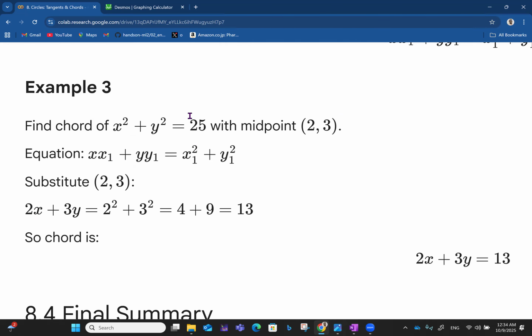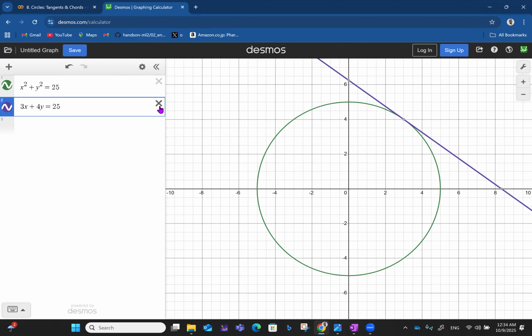So again, we can demonstrate this to show that it's actually a chord that cuts that circle at 2, comma 3. So 2x plus 3y equals 13, right? I can even continue.